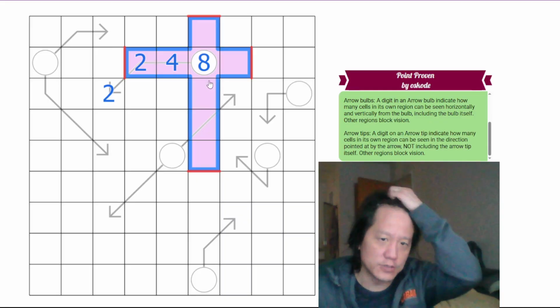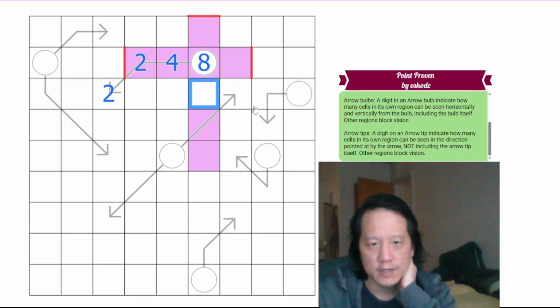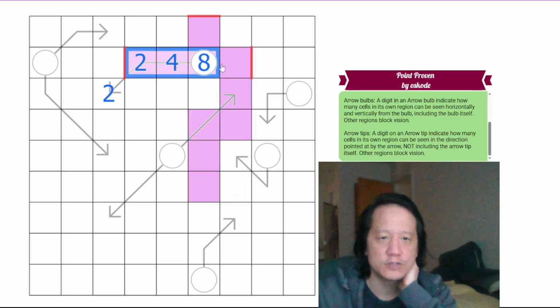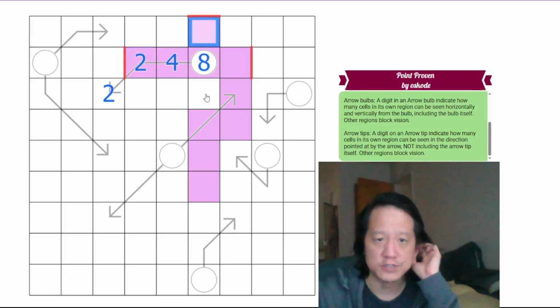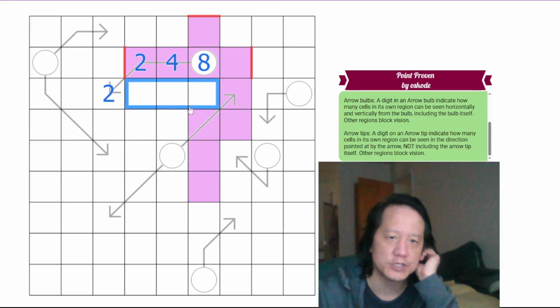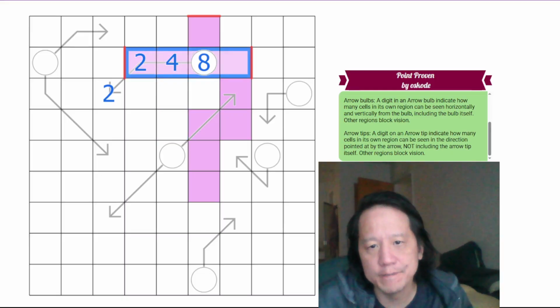You could not have something like this, because this would see 1, 2, 3, 4, 5 cells in its own region, and would not see any of these cells because it's blocked by some other region here. So that's how arrow bulbs work.